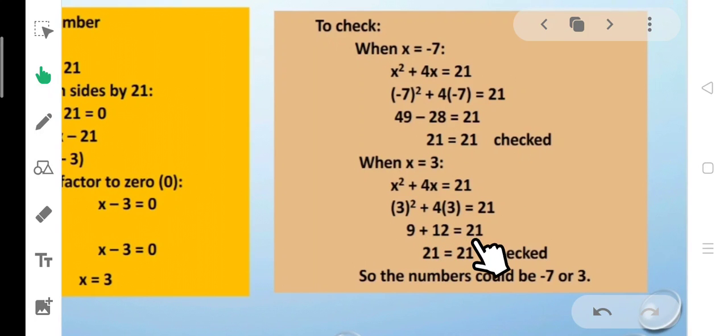Then 9 plus 12 is equal to 21. So we have 21 is equal to 21. So that is balanced or checked. Meaning, the x or the number could also be equal to 3. So the numbers could be negative 7 or 3.